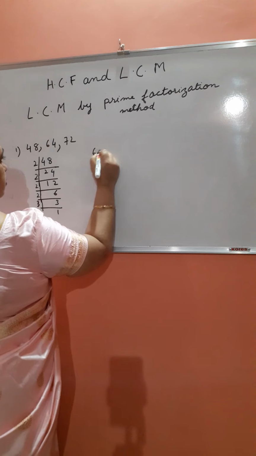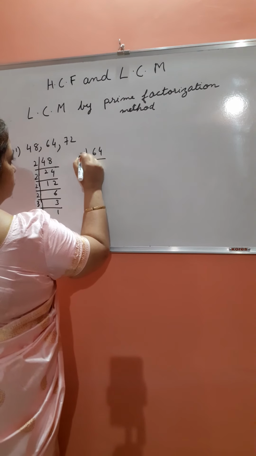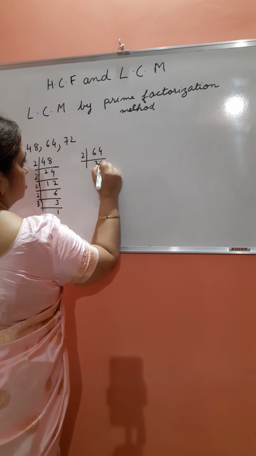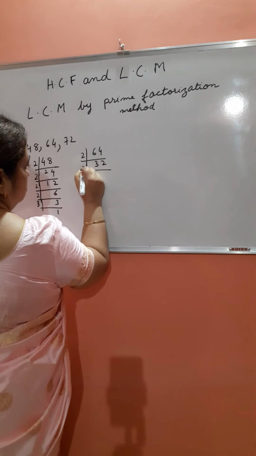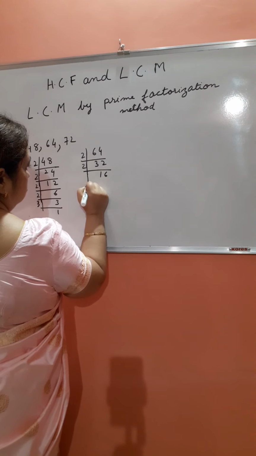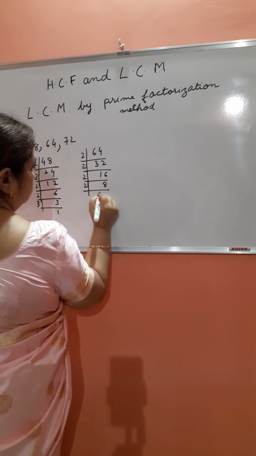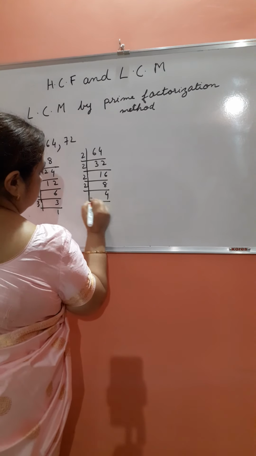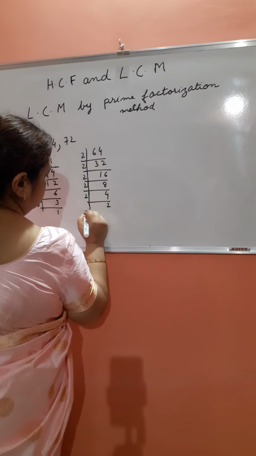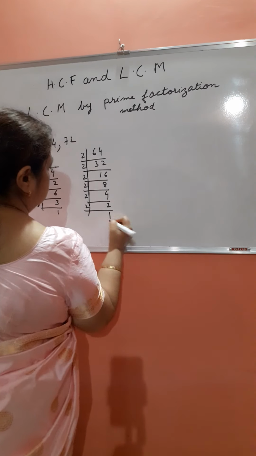Now 64. 2 2s are 4, 2 16s are 32, 2 8, 2 4, 2 2, and 2 1.